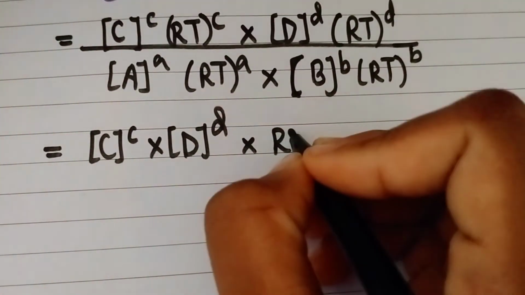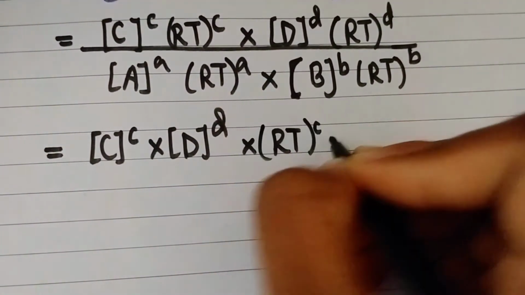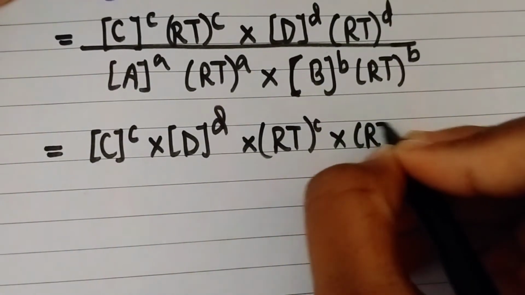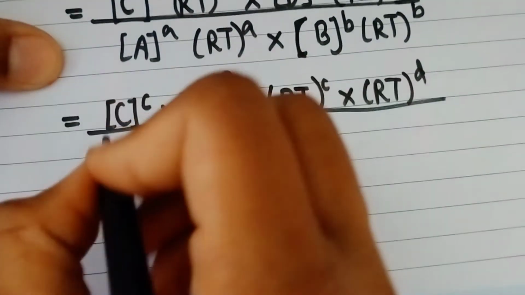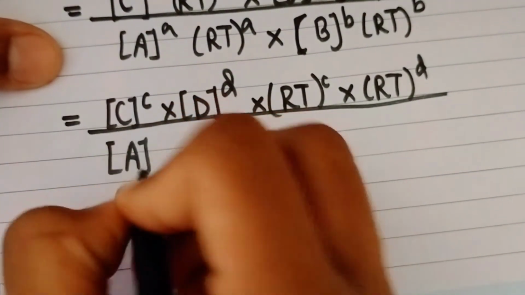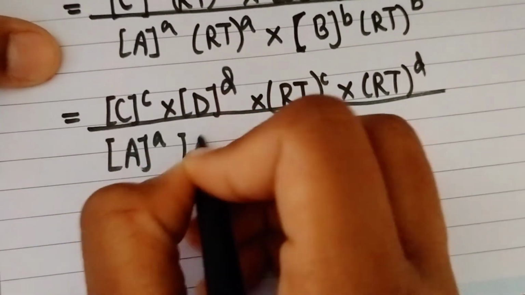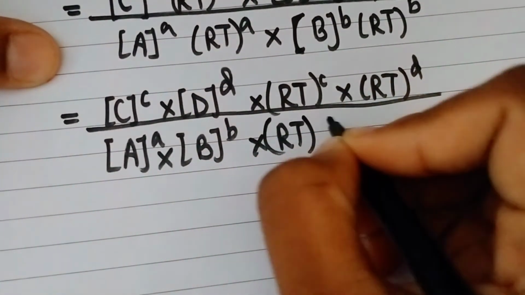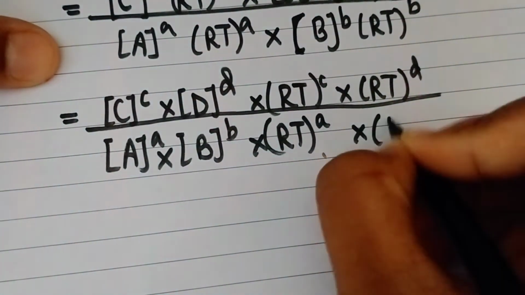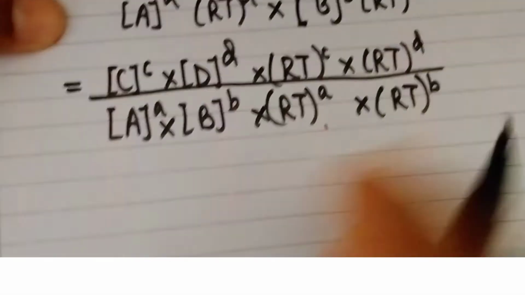So they are like terms, and we're going to take them to this side, divided by, and in a similar way we will do it here. This is really easy, I know you will be able to do this.